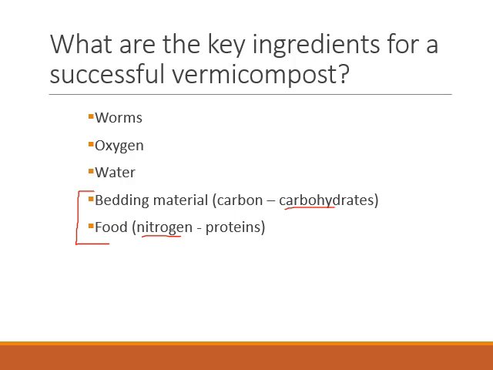Bedding material is important. There is another ingredient I did mention in class, and I might as well say it one more time just to make sure we're on the same page. Oftentimes you have to add some form of calcium, as the worms need calcium, but it also provides some grit for them to break down particles in your vermicompost.